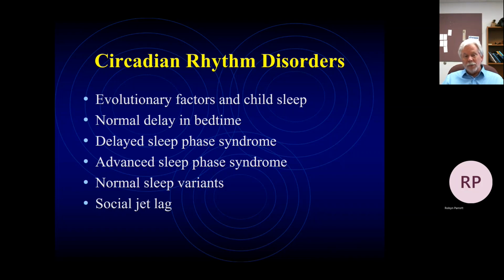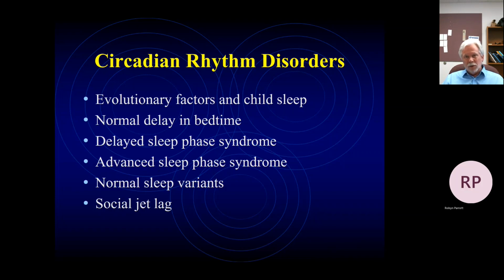And two of the common ones are delayed and advanced sleep phase syndrome. So as you probably know, delayed sleep phase syndrome would be an unhelpful delay to routine onset of the circadian propensity for sleep. So what that might look like in a 15-year-old is having great difficulty falling asleep before 1 a.m. or maybe midnight.